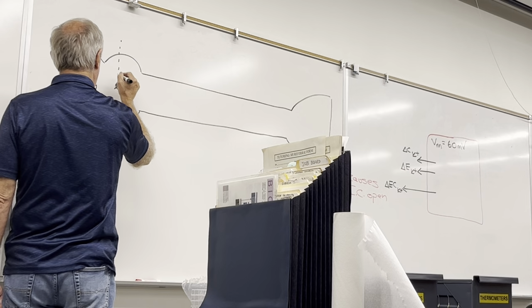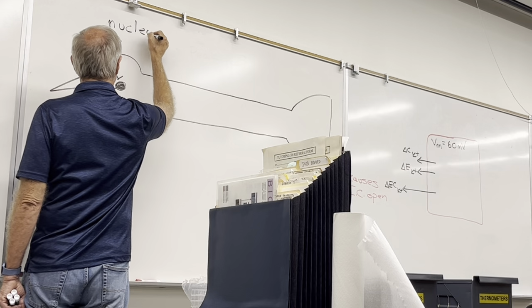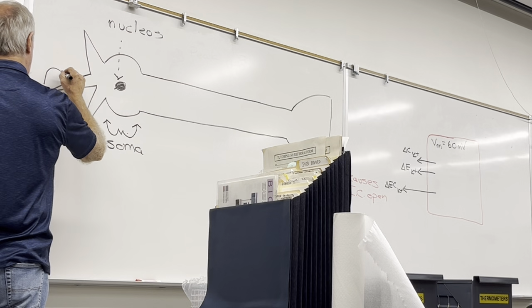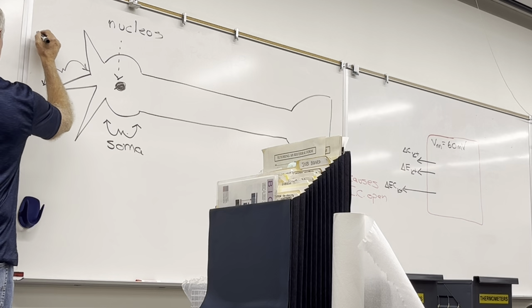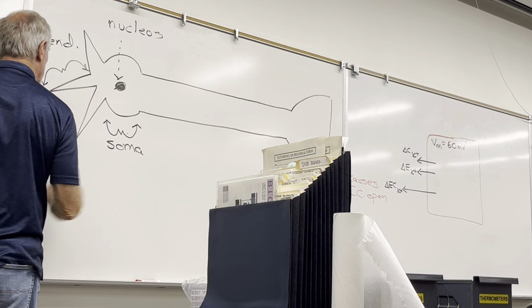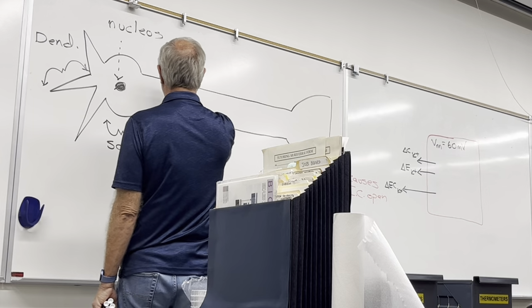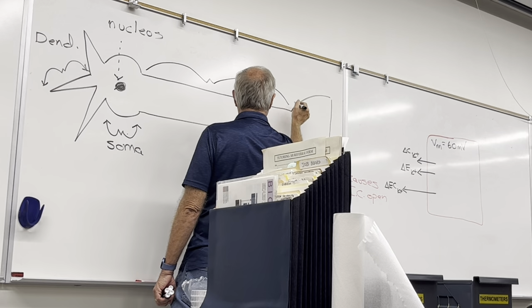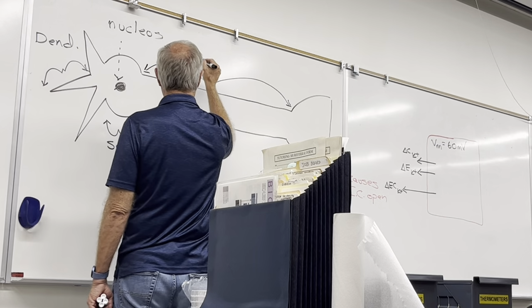I'm just going to put a little arrow pointing to this black dot here. This is the nucleus. We've got these finger-like projections coming out of the soma; you would tell me that some of those are our dendrites. We can have these very long projections coming off of the soma, and this represents the axon. And then we've got the axon terminal.